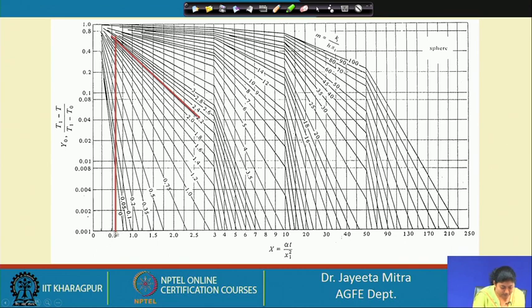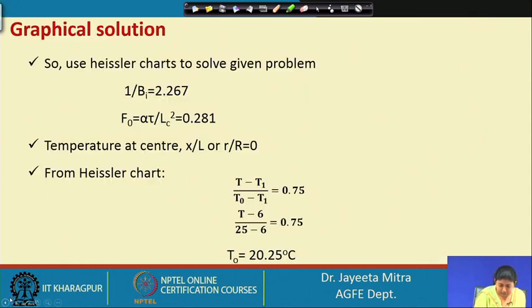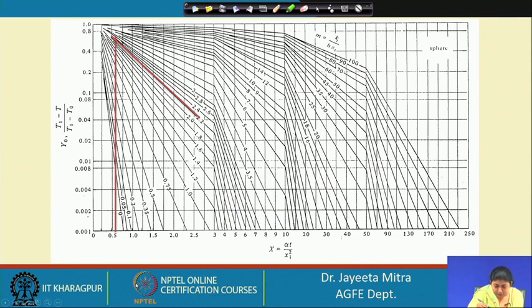So, this was our Fourier number 0.281 and 1 by Biot number, that was 2.267. So, we have taken here 2.267 somewhere here, this line for n equal to 0, and we have taken the Fourier's number data here and find the point where these two intersect and calculate the y value, which is the dimensionless parameter.